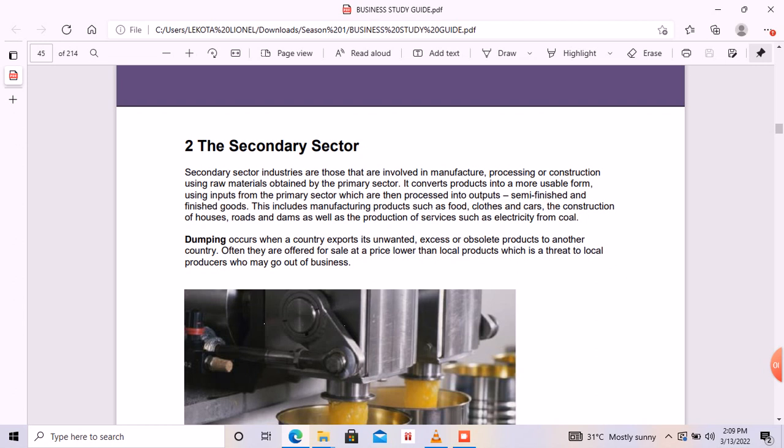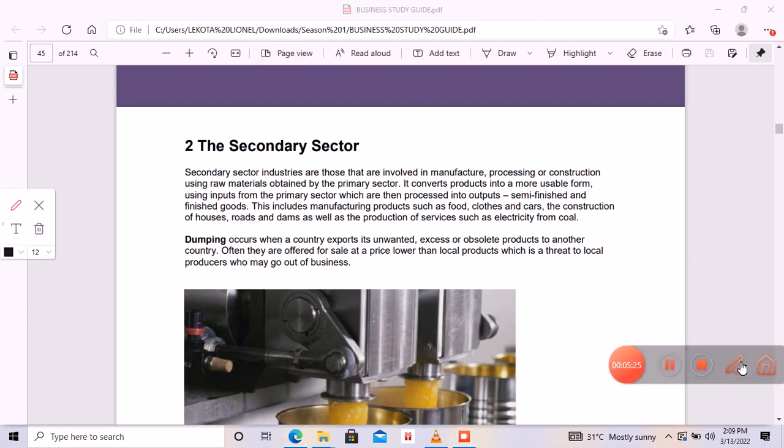This includes manufacturing products such as food, clothes, and cars, the construction of houses, roads, and dams, as well as the production of services such as electricity from coal. I want to give you a simple example that you're going to understand. Remember, we said that coal is a non-renewable resource, and we use it to produce electricity.